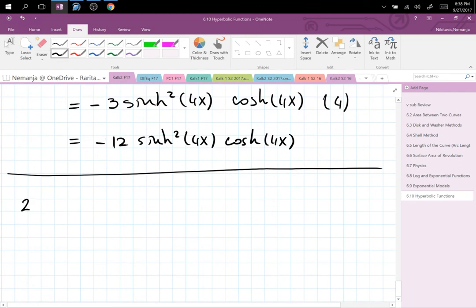Well, let's do 26 and 28. So 26 says find the derivative of square root of cotangent hyperbolic 3x.